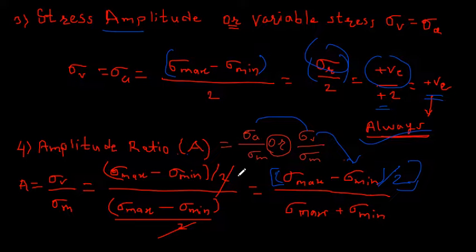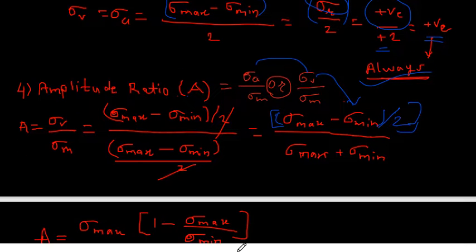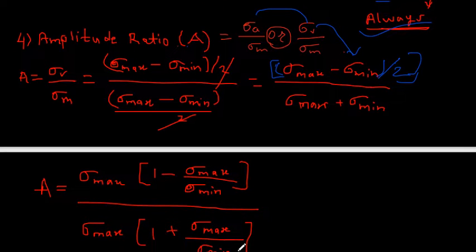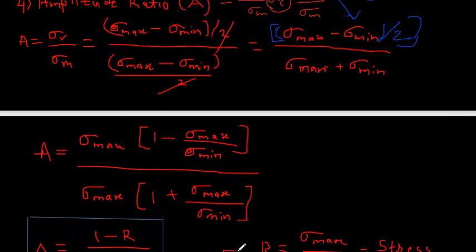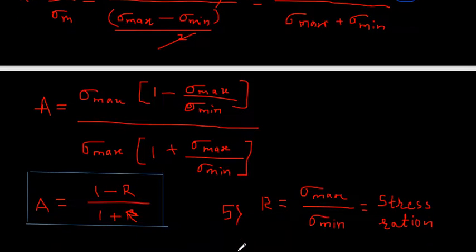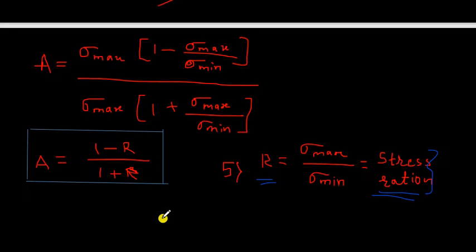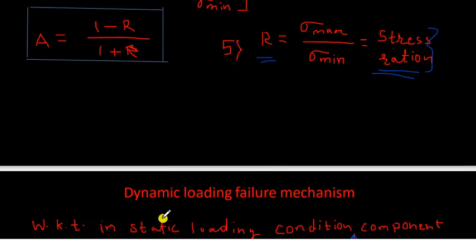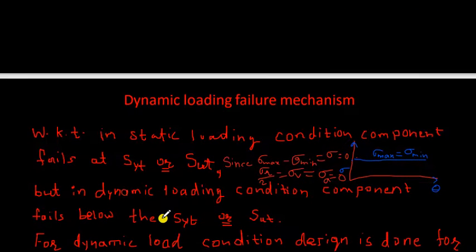Now again we take sigma max constant and get a relation. We put sigma min by sigma max equal to r, which is the ratio of the stresses and called the stress ratio. So finally we get capital A equal to 1 minus r divided by 1 plus r. That's all about the terminologies used in dynamic loading.